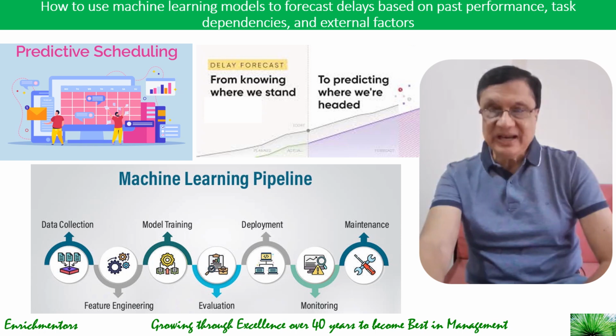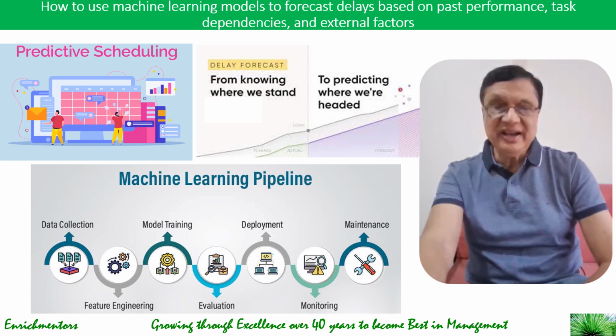And there are many steps that you need to take to build and use machine learning models to predict project delays based on past performance, task dependency, and external factors. Let's take a look at the various steps that you need to take to be able to do that.